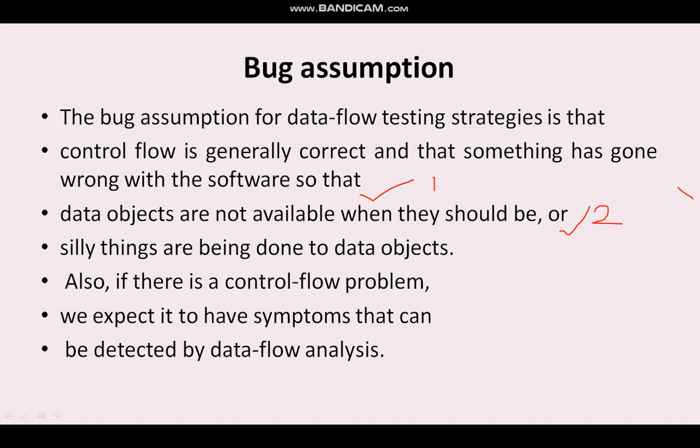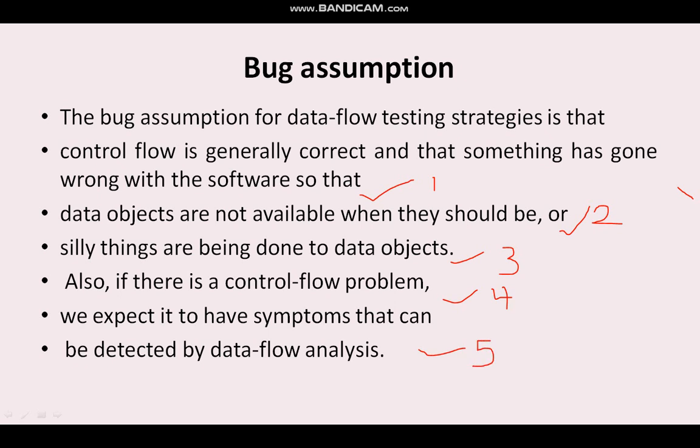Number three, there are some silly operations done on the data objects. Number four, there is a control flow problem, which is also a buggy situation. And number five, any errors or unexpected things detected by the data flow analysis.